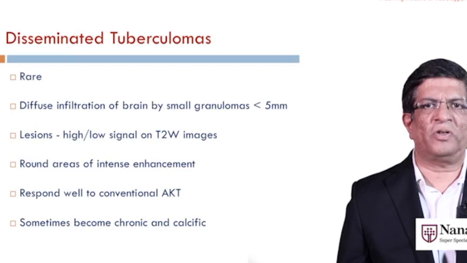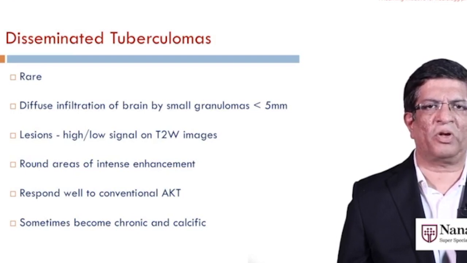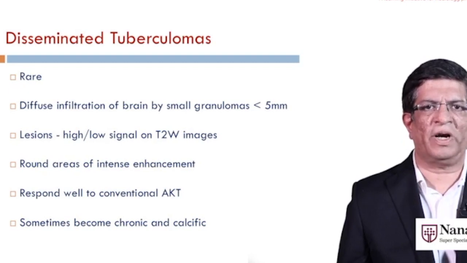Again, in children, you will see disseminated tuberculomas as a part of tuberculosis in the chest, typically miliary tuberculosis. So, these lesions in the brain in patients suffering from miliary tuberculosis are smaller, less than 5 millimeters in diameter. Unlike larger tuberculomas which are dark on T2, these could be bright on T2. They show rounded enhancement, not ring enhancement, and they respond very well to the conventional anti-TB line of treatment.